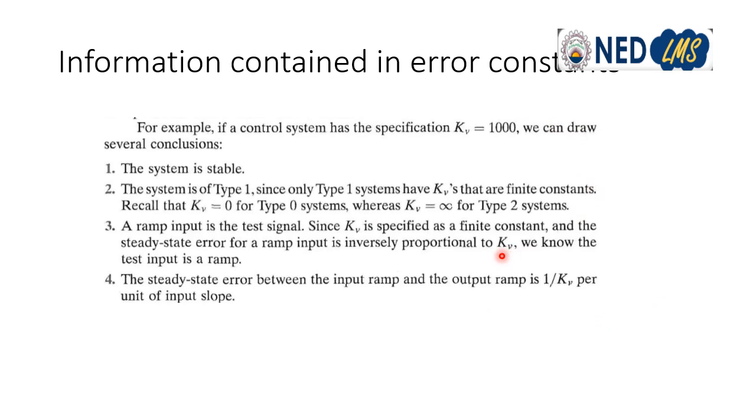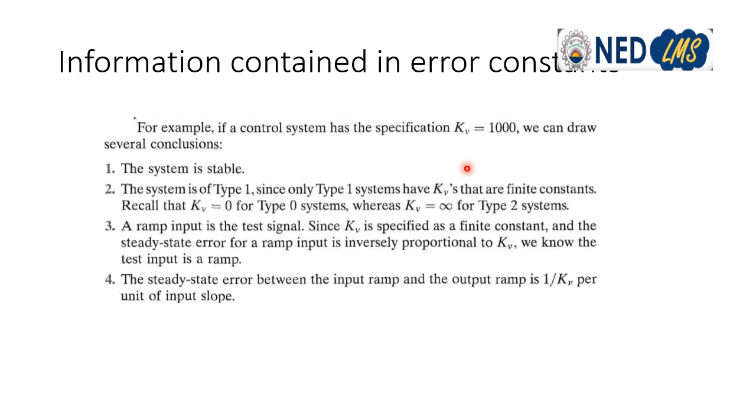What information is actually contained in the error constants? For example, if we say that a system has Kv equals 1000, we have just done a question in which we have only the value of Kv, whereas the values of Kp and Ka were 0 and infinity. This is quite obvious from the value of the error constant, because this is the ramp error constant, and there is some steady state error value.